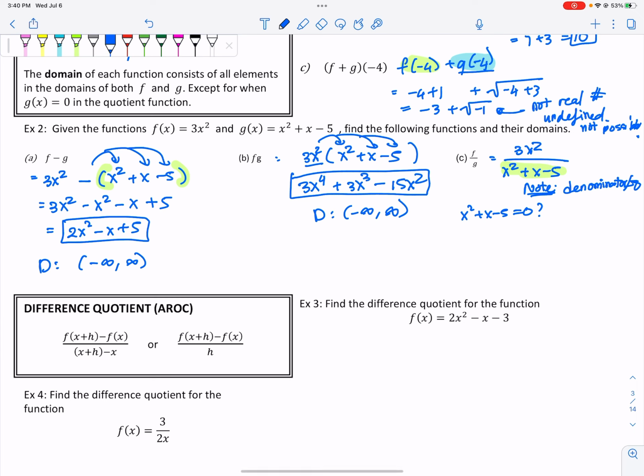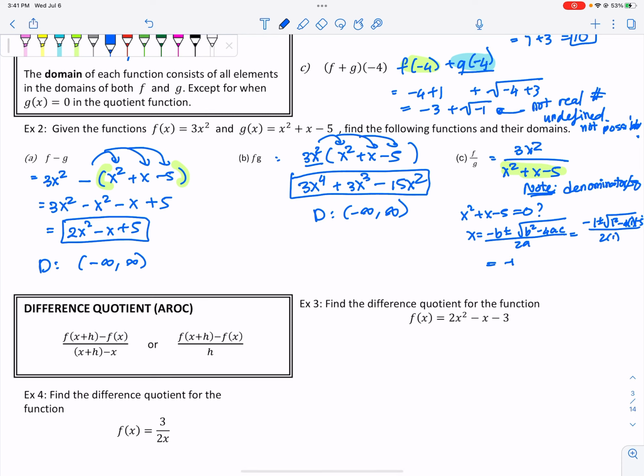to 0. It looks like I can't factor this one, so we'll have to use the quadratic formula. x equals negative b plus or minus the square root of b squared minus 4ac, all over 2a. b is 1, so negative 1 plus or minus the square root of 1 squared minus 4 times a times c, negative 5, all over 2 times a.